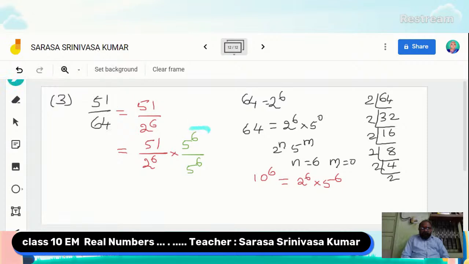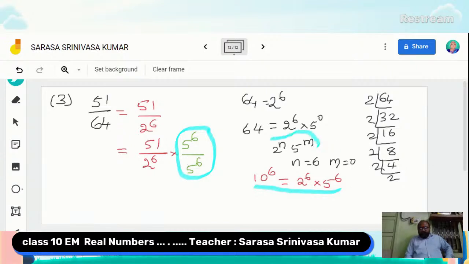You must understand why we have divided and multiplied by 5 power 6. This is to get 10 power 6 in the denominator.